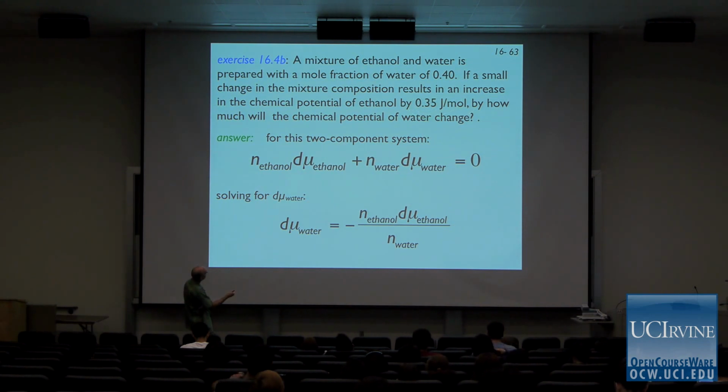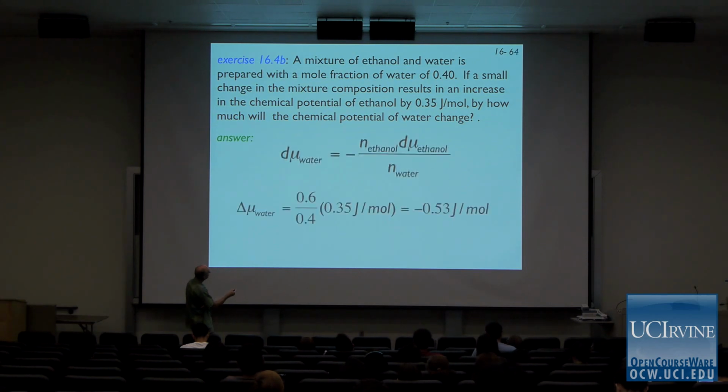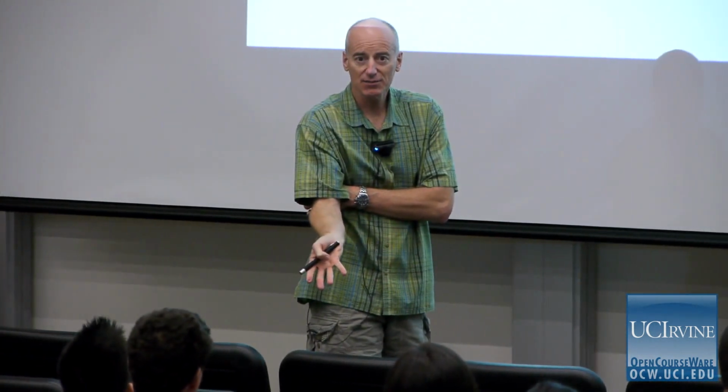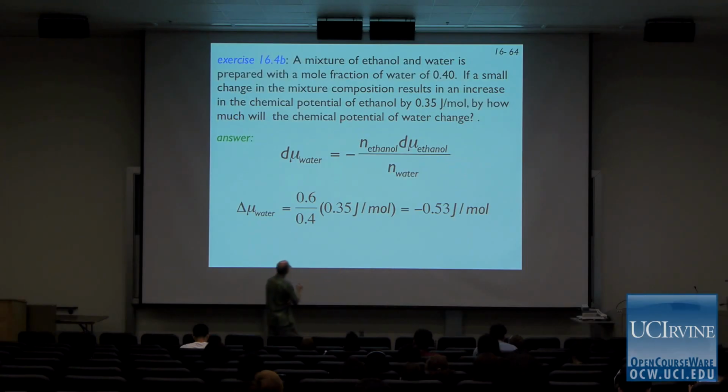Now we need to know these two mole fractions. What I've written here is the mole fraction. Everybody understand what the mole fraction is? It's the moles of component 1 divided by the total moles of all of the components in the system. In this case, that would be the mole fraction of ethanol. Actually, that's not the mole fraction, that's the number of moles of ethanol.